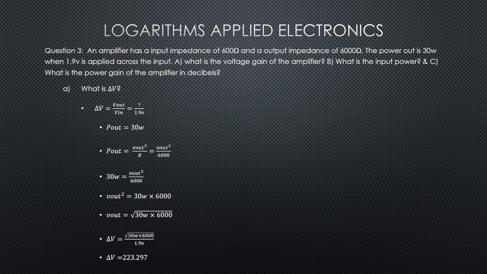Okay, what is Av, the voltage gain? Voltage gain is equal to V out over V in. We're given the voltage in when the output is 30 watts, so we'll put 1.9 volts as V in. Now we need to convert the power out.